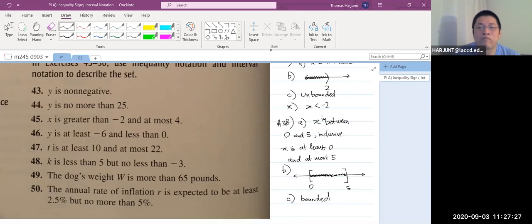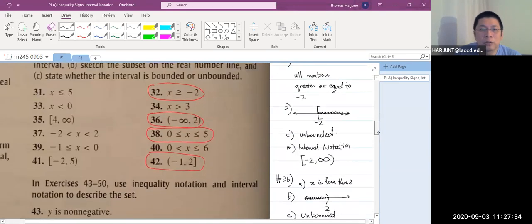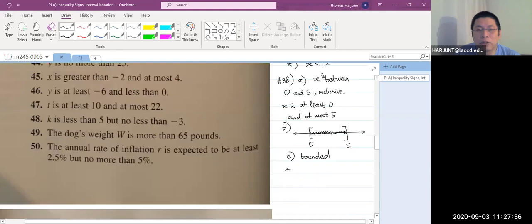In interval notation, is that the interval notation we saw earlier? No. So you see the graph and interval notation are very closely related. The left-hand limit is 0 using a bracket. The right-hand limit is 5 using a bracket.